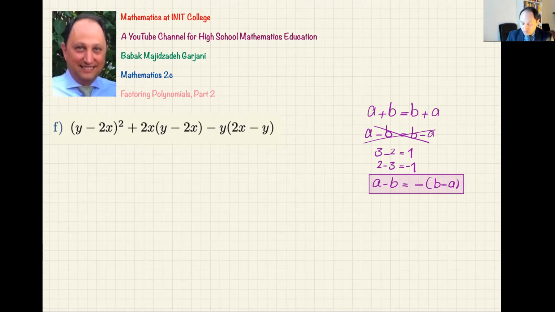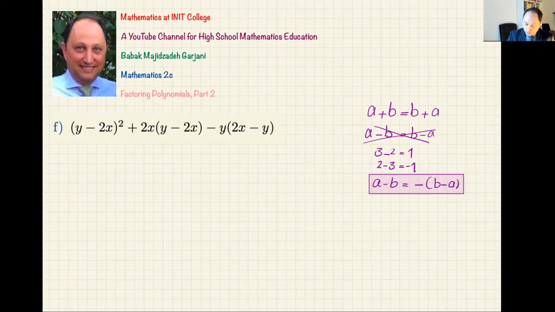So a minus b is equal to minus, brackets open, b minus a. Whenever you want to interchange the places where these numbers appear in a subtraction, you can do that, but the price that you need to pay is an overall minus sign for all of it.